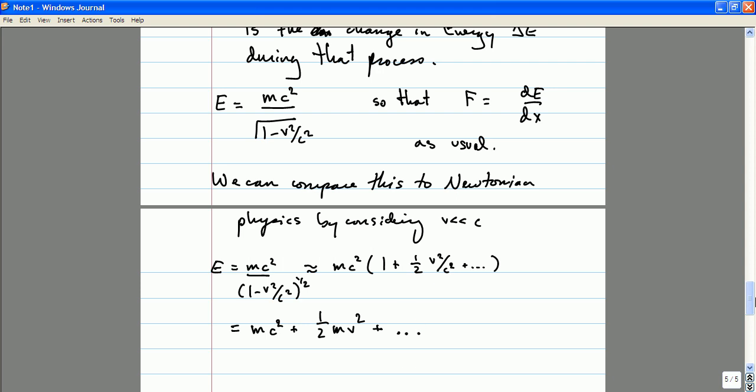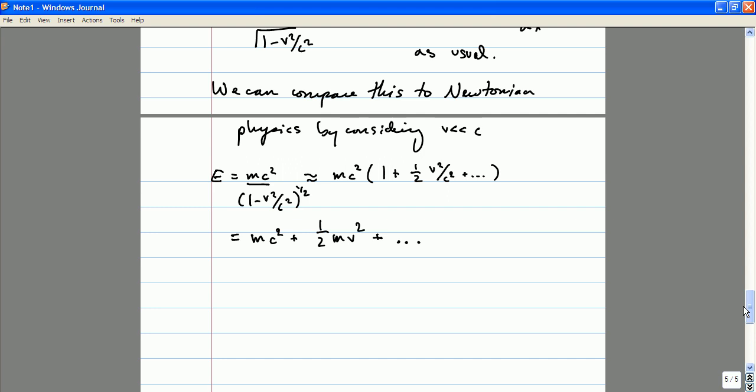So what do we see here? What we see here is in this formula, we indeed have the usual kinetic energy in Newtonian physics, and we have shifted it by a constant which we refer to as the rest energy of the object.